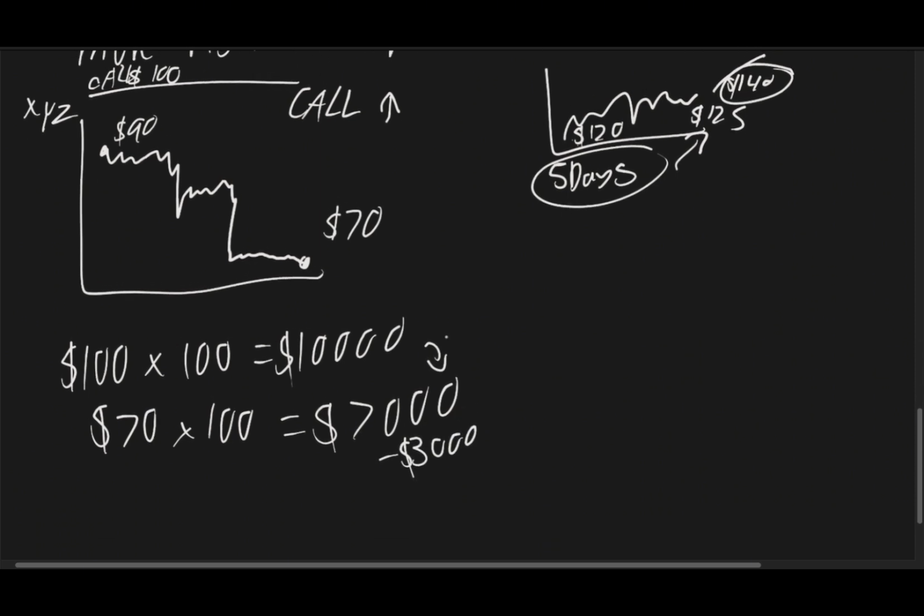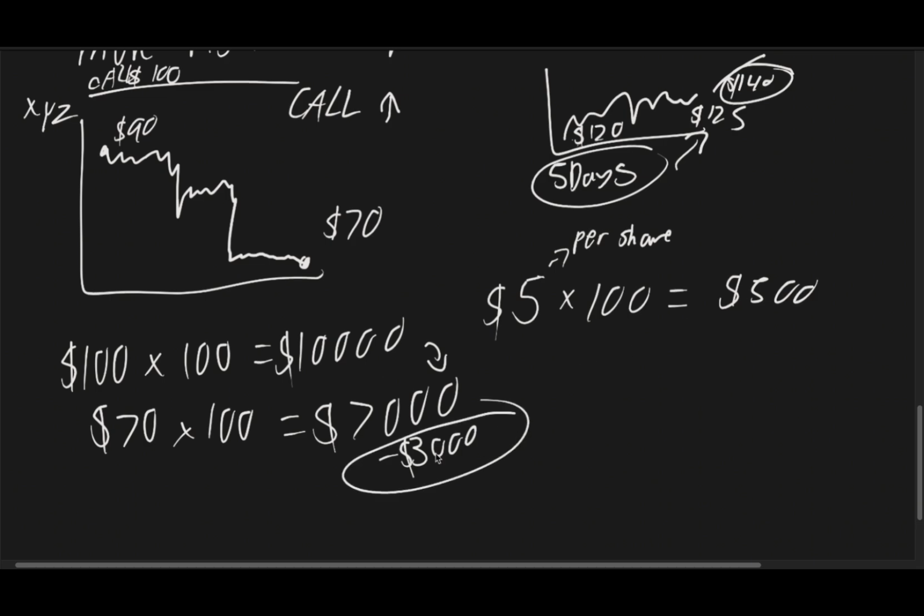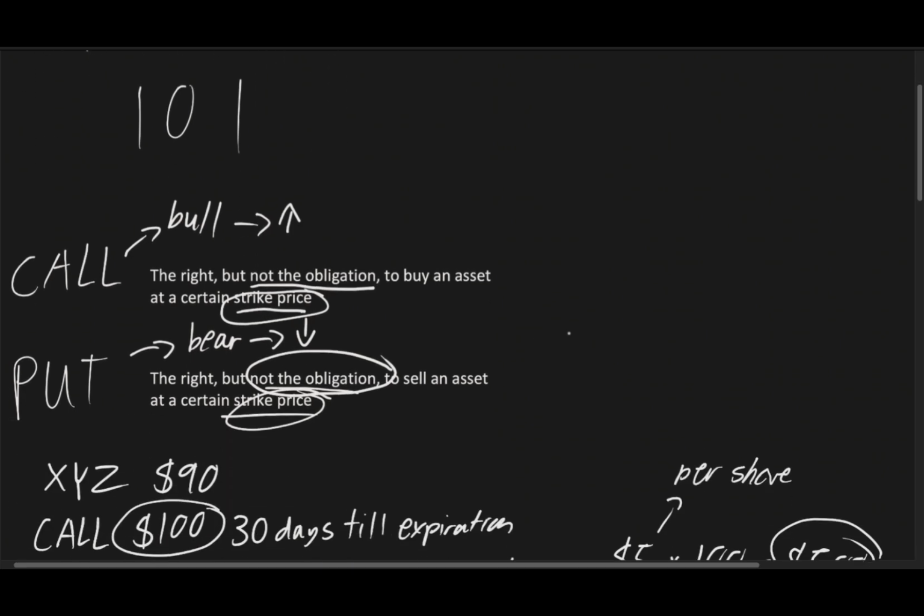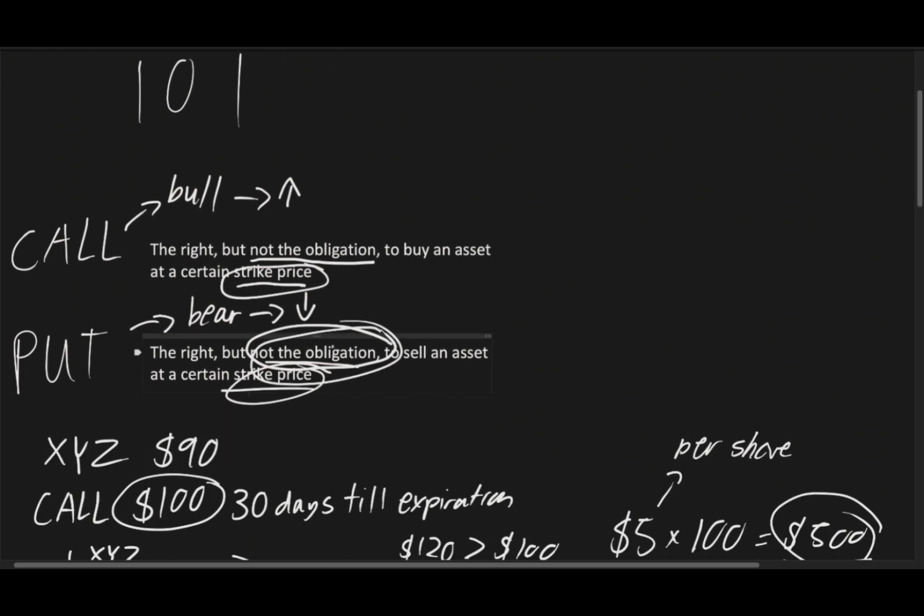Now, instead, if you bought these call options at $100 and they were priced at $5 an option, that's the premium per share. And since each option controls 100 shares, it would be priced at $500. So instead of losing this crazy $3,000, if you go back to our definition, it says not the obligation.